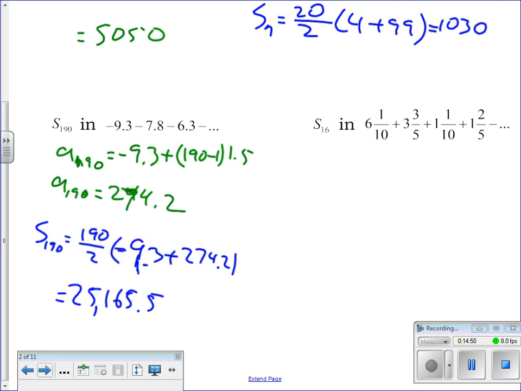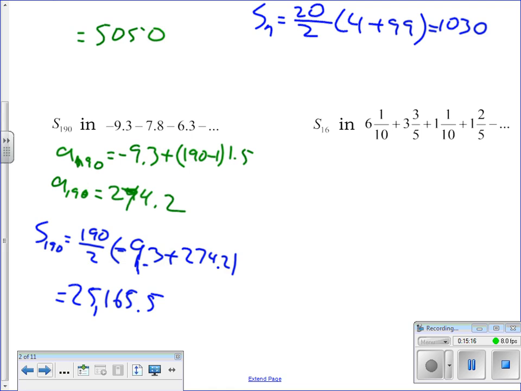Do 3 fraction key, 3 fraction key 5. That's 3 3/5. Minus 6 fraction key 1 fraction key 10, and I get negative 5 halves. That's what it comes out to be. Negative 5 over 2.